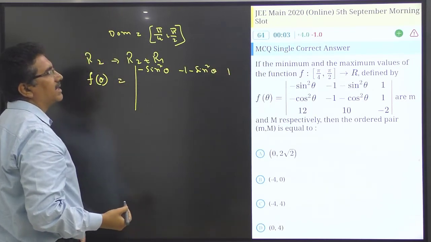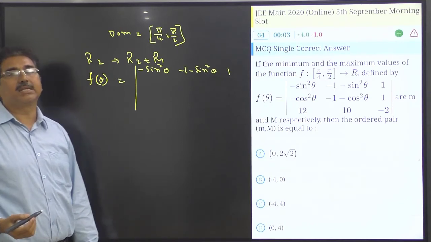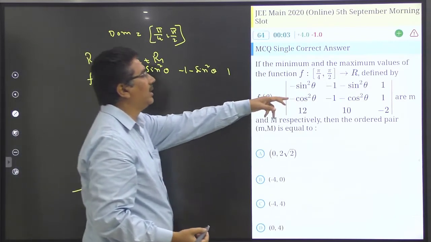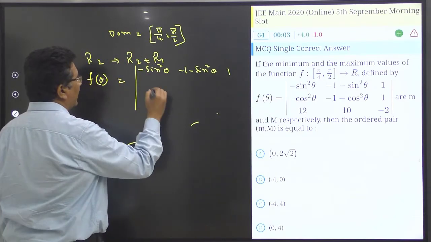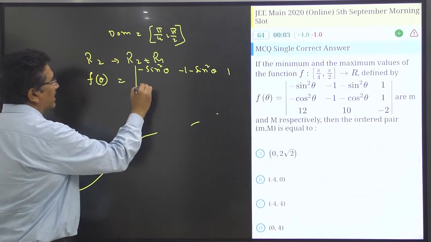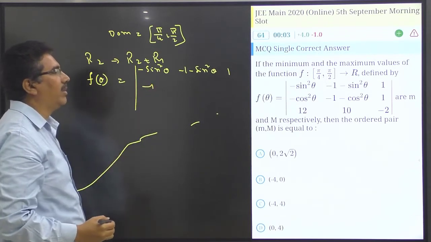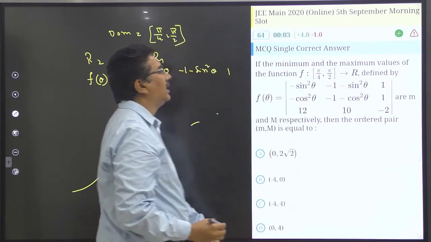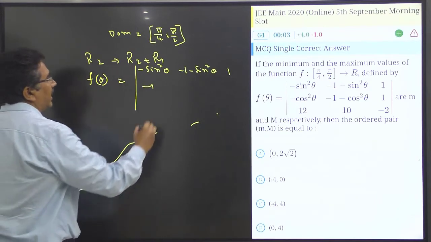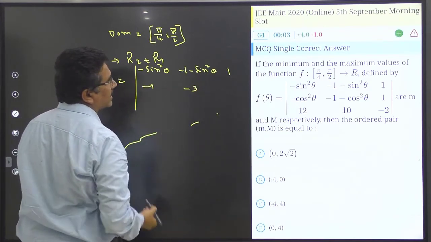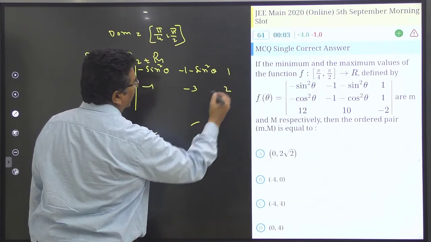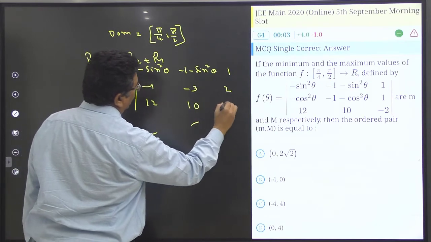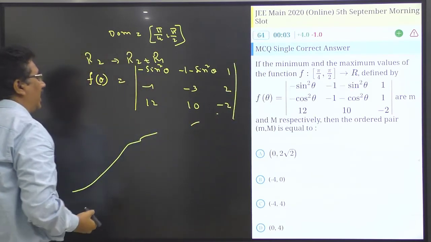Now replace R2 by R2 plus R1: minus cos square theta minus sine square theta, that is minus 1, minus 1, minus cos square theta, minus 1, minus sine square theta, that is minus 3. Now 1 plus 1 is 2. This is 12, 10 and minus 2.